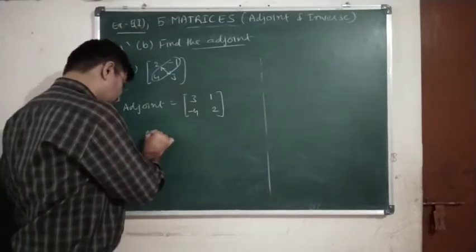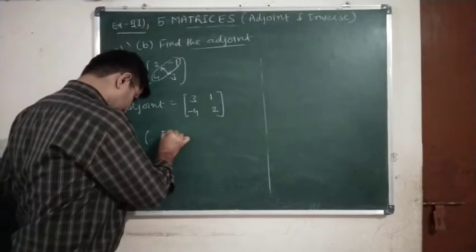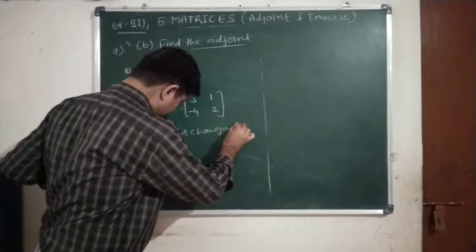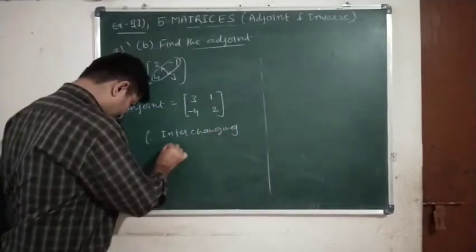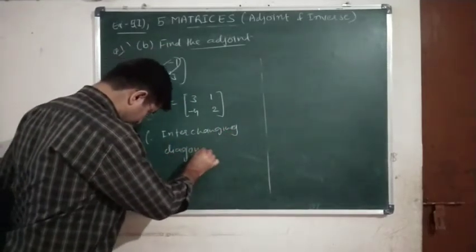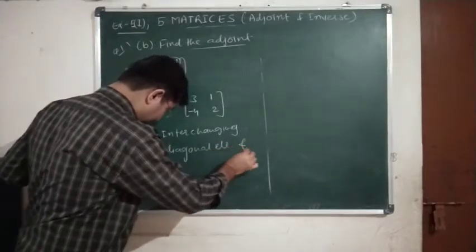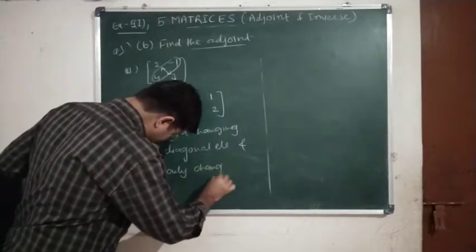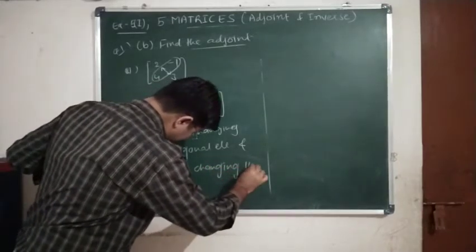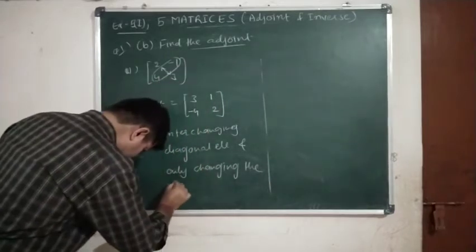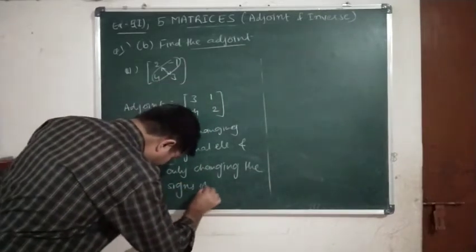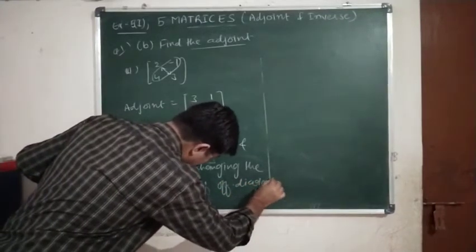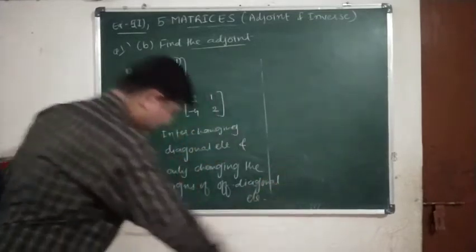What we have done over here is interchanging the diagonal elements and only changing the signs of the off-diagonal elements.